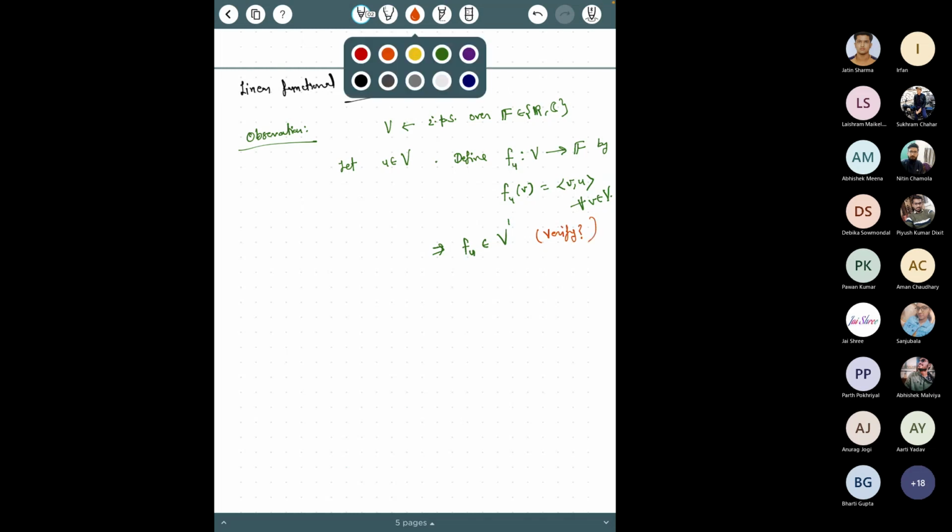All right, so this we can do for any vector u in V: one can define this F subscript u, a linear functional on V.